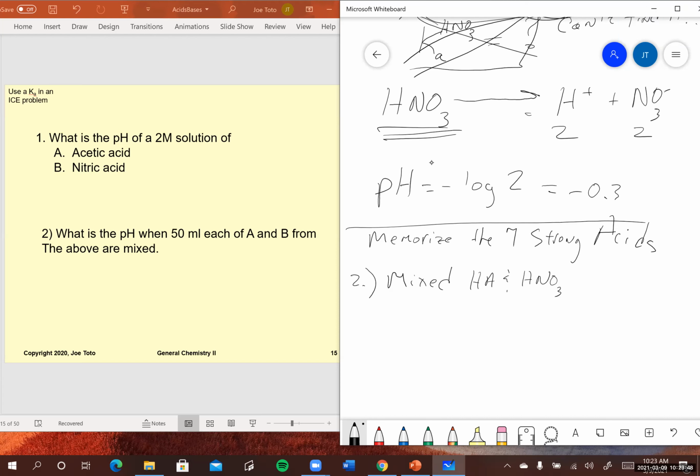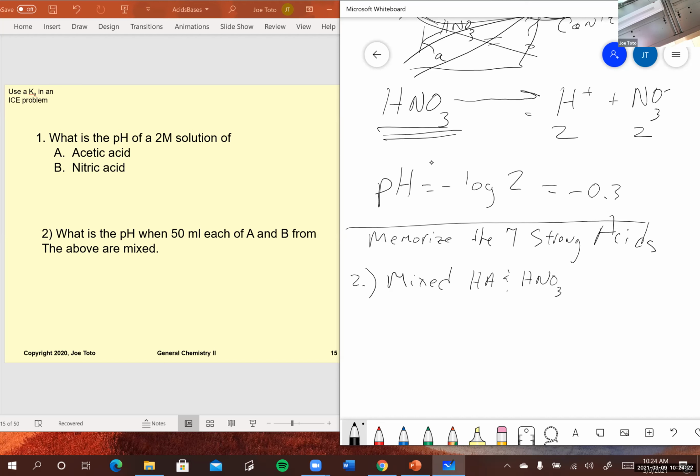Would you start by using the concentration of the H pluses, adding those together and dividing them by the 50 milliliters to get a molarity? Sure. Okay, good. So what we would have then in that case is we would be taking 2 molar, 50 mils, and increasing the volume to 100 mils, essentially halving the concentration.